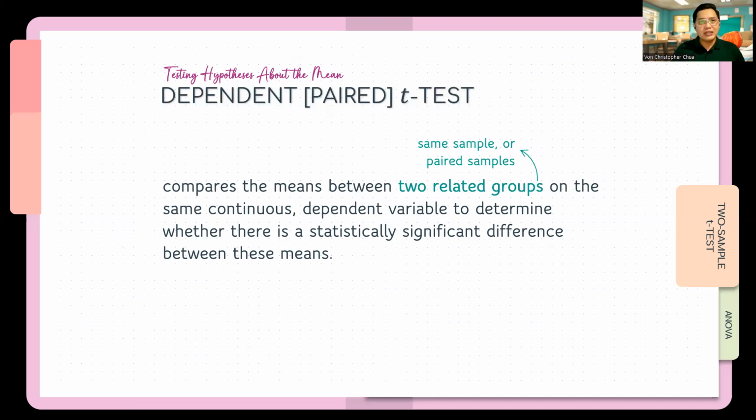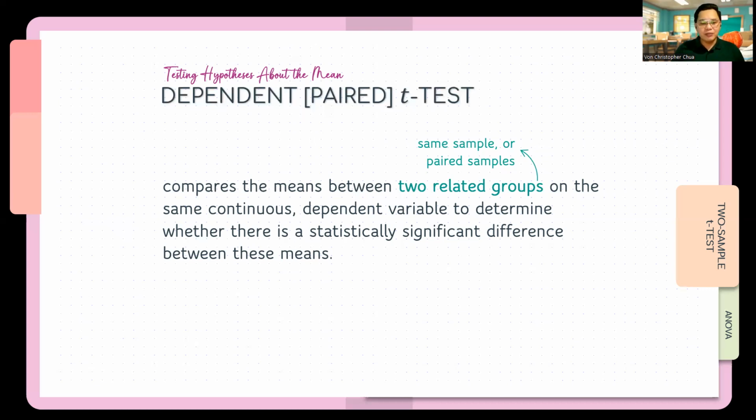An example of this is, for example, you're using two different types of thermometers, one digital and then one analog, and then you test both of the thermometers on the same person or the same set of individuals, then you're basically working with the same group of people. Therefore, it's the same sample. But you are collecting two different data on the same variable from these individuals. Therefore, you would be able to come up with two different means. So same sample, but two different means, then that's a paired or a dependent t-test.